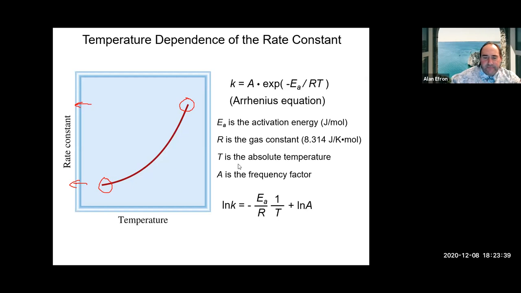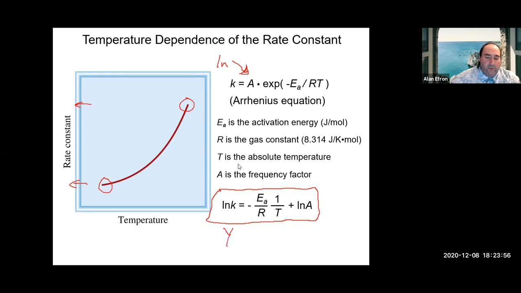Now, this is basically the natural log version of this equation here. And most of the time, this is the version of the Arrhenius equation that we will see, and it is written in the form of a straight line.